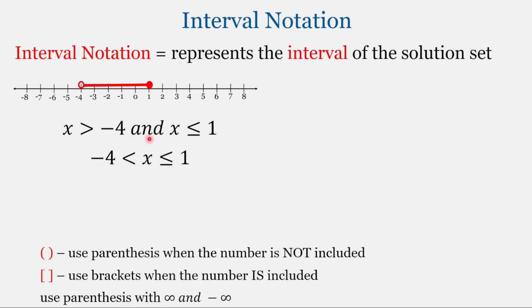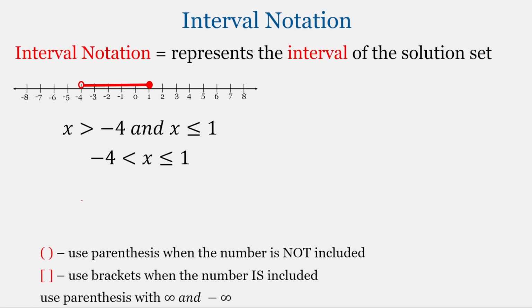Let's practice a few more that use and, these intersections that the inequalities have in common, where they overlap. So we have the compound inequality x greater than -4 and x less than or equal to 1. And this is the graph of that compound inequality.